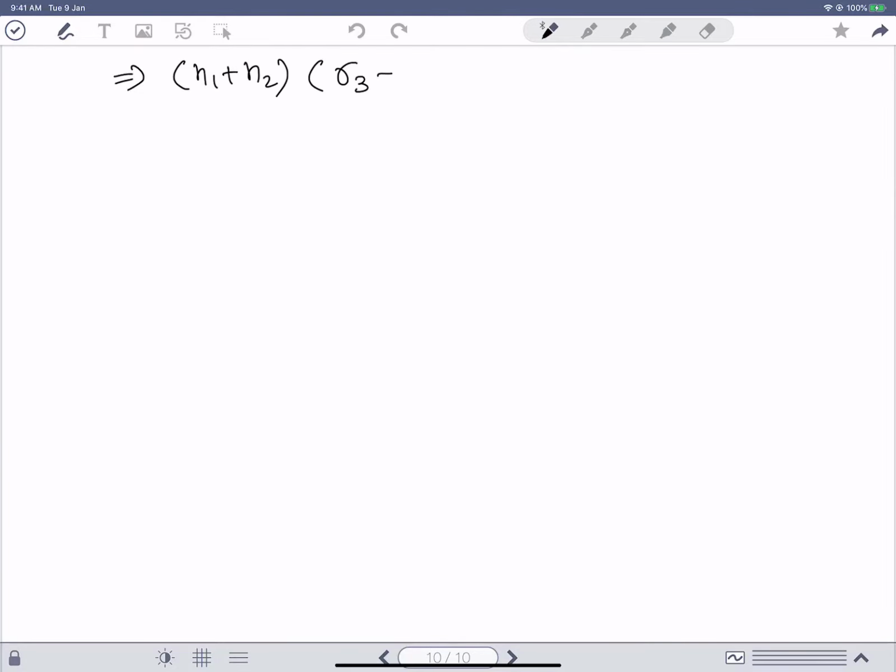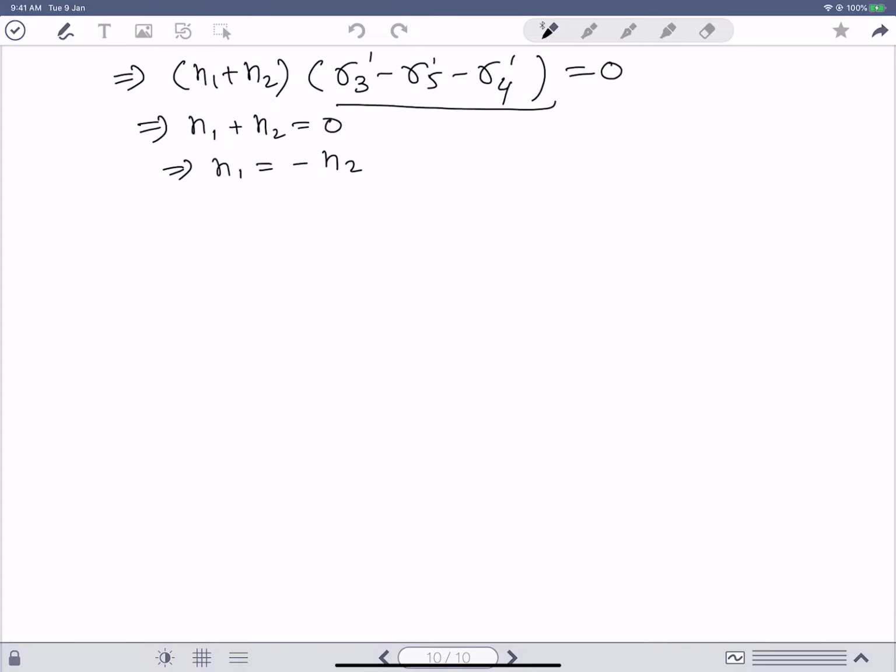times sigma 3 minus sigma 5 minus sigma 4, that is 0. Now that implies, since these are just independent objects, so there is no relation between them, so we have this coefficient equal to 0. That implies n1 should be equal to minus n2.